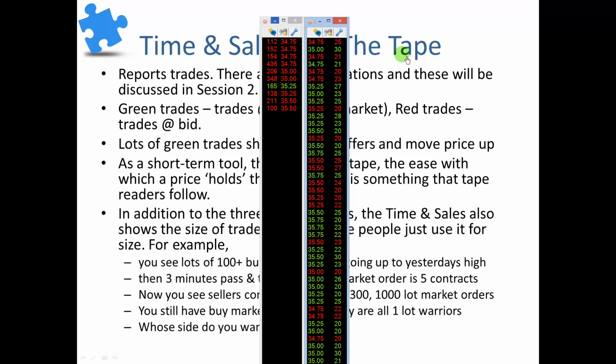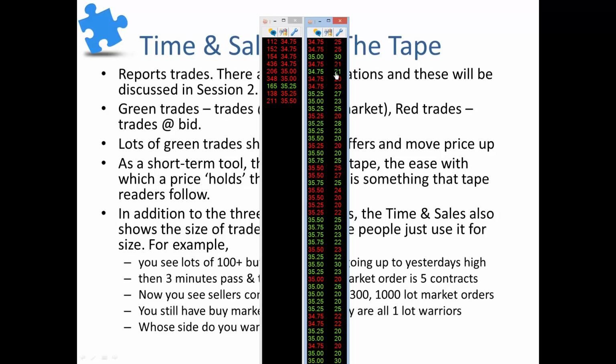All you really need to know is the price and the number of contracts. On this particular time and sales, the price is actually 1834.75, but I like to chop off the first 2 digits, just to make it easier to read. So what are we going to see in terms of the 3 elements of a reversal?